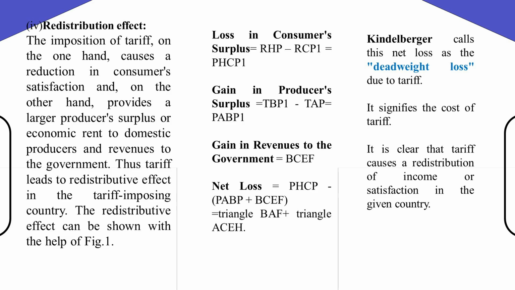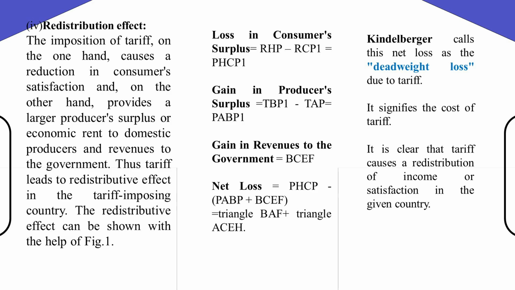Next is gain in producers surplus. So it equals the area triangle TBP1 minus triangle TAP, which equals the area PABP1. So this is the gain in producers surplus. Next one is gain in revenues to the government, which equals the area BCEF.